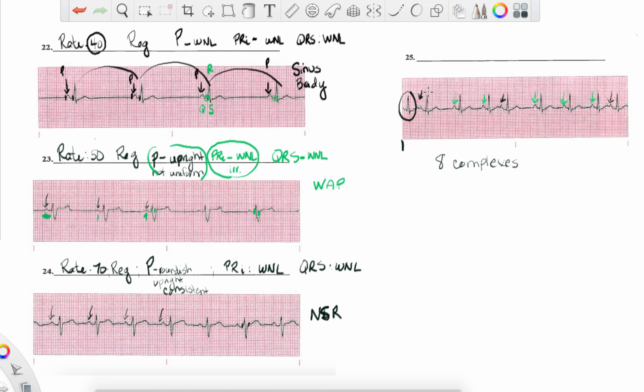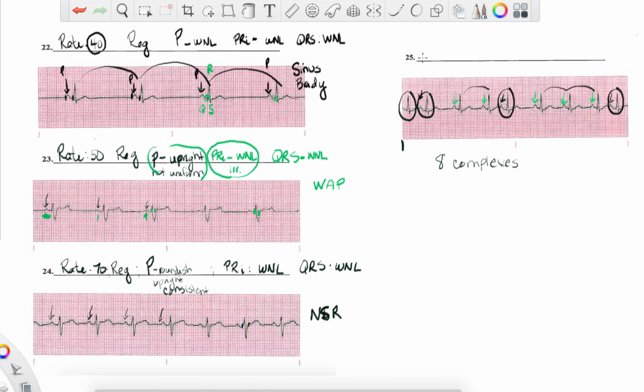Those are premature complexes. And you can see that every time they show up, the rhythm gets messed up. We see a nice spacing between our QRSs for these complexes, but when this premature atrial complex shows up, it interrupts the regularity.